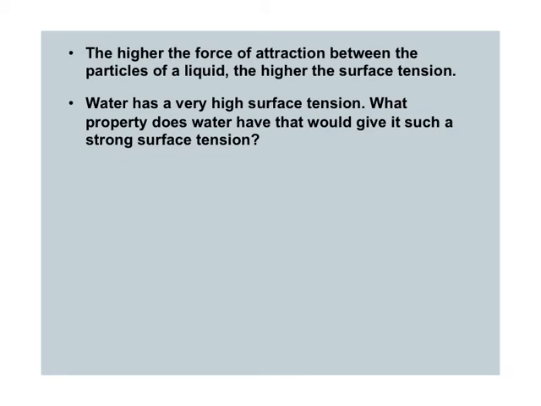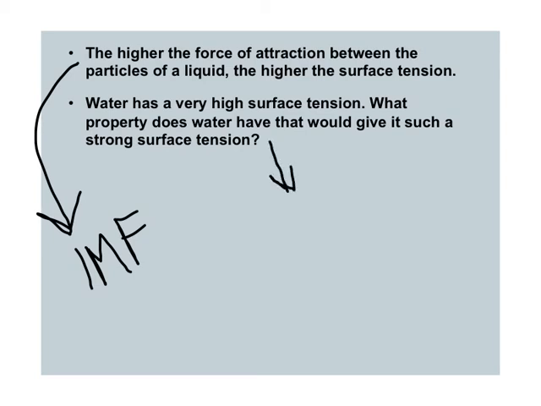The higher the attraction between the particles of liquid, or the more intermolecular forces, the higher the surface tension. So thinking about water, it has a very high surface tension, and this is because it has what? What intermolecular force does water have? Hydrogen bonding.